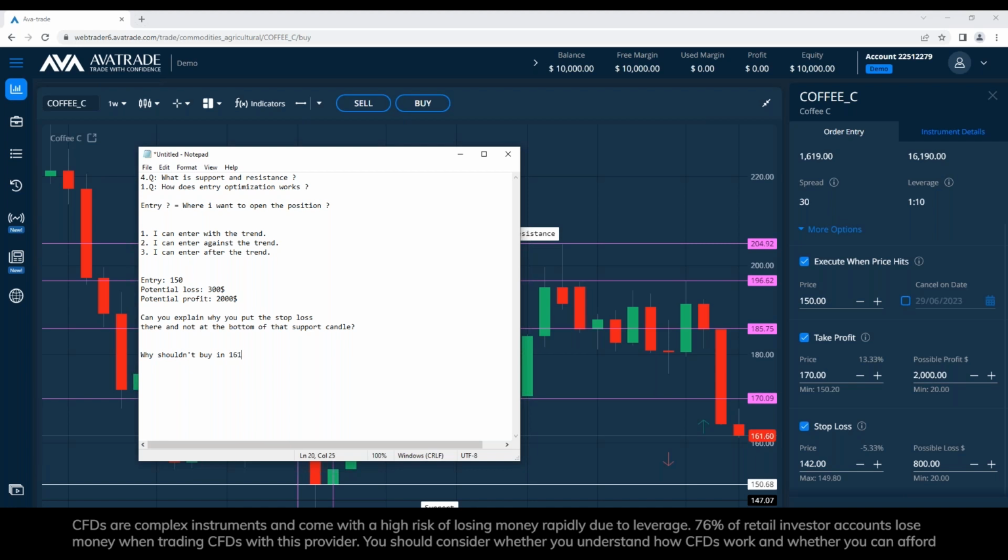Because I could. I could take 160, set a similar take profit and stop loss. I can take the same things and do it right here instead of 150. Why shouldn't I buy in 161, just as an example?